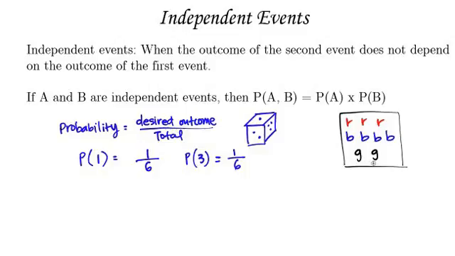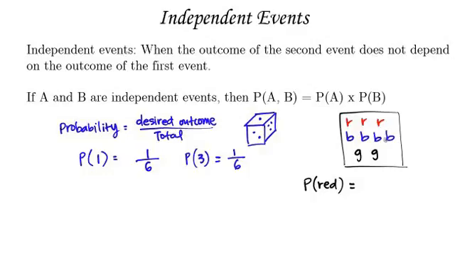Now, just talking about one event, let's say, what is the probability of picking a red marble? That's one event because I'm going to pick up one marble. Red is my desired outcome. That's what I'm asking for. So how many reds do I have?